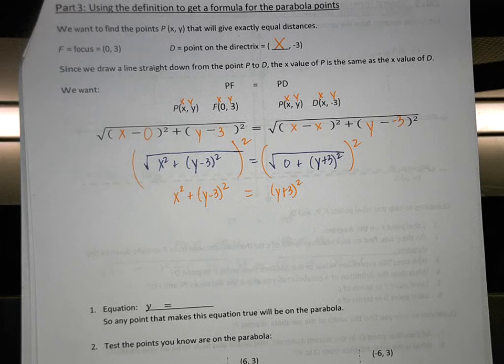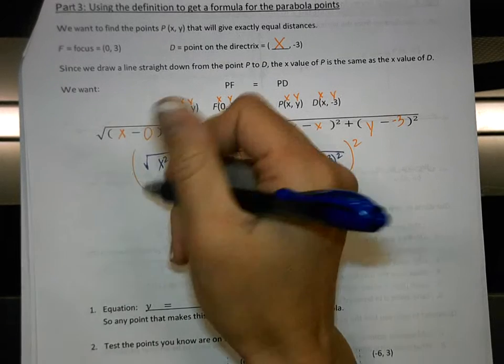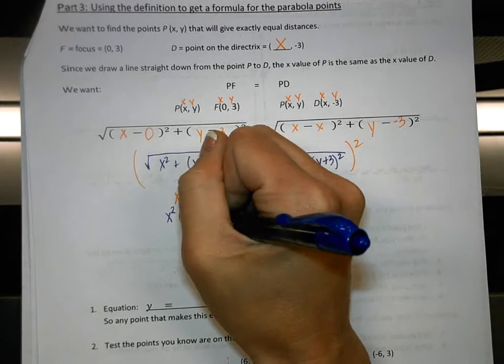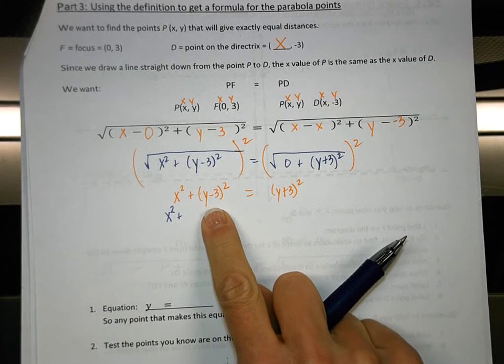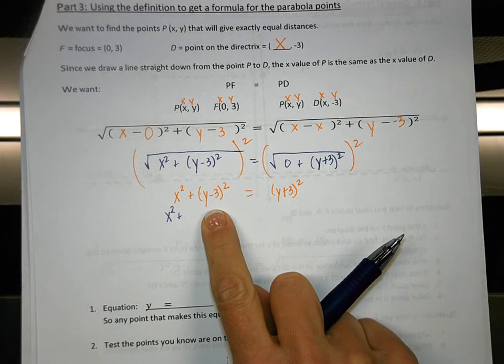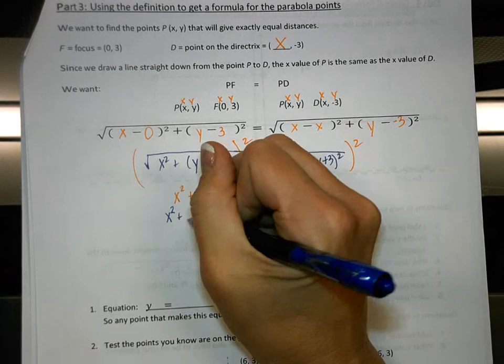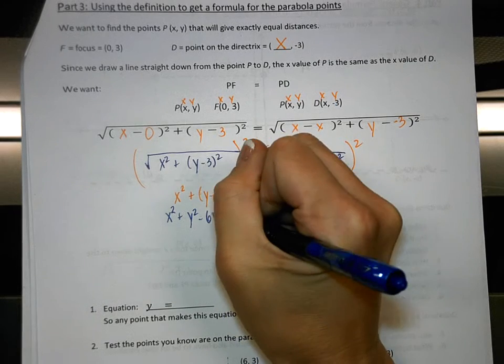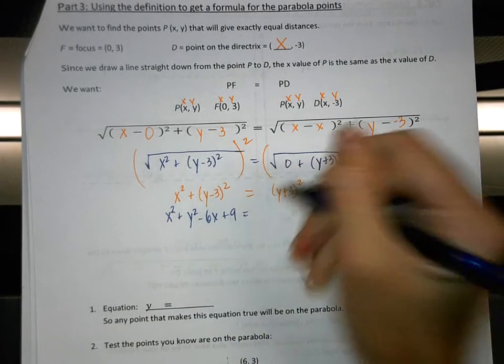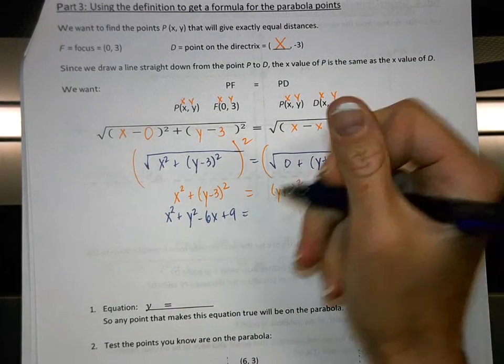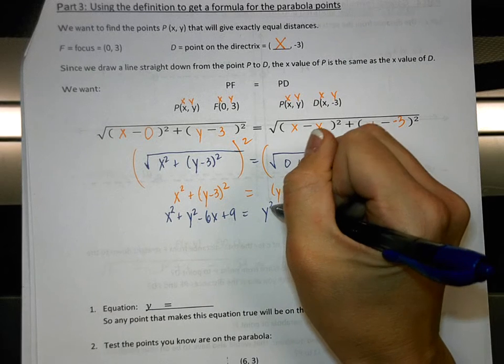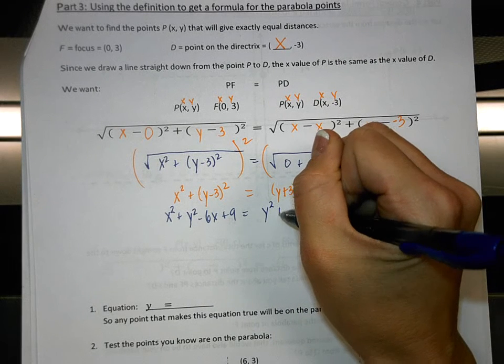Okay, so I still have x squared plus, do you guys know what this multiplies out to be? What will it be? Good, y squared minus 6y plus 9 equals, and then over here, this will be, good.